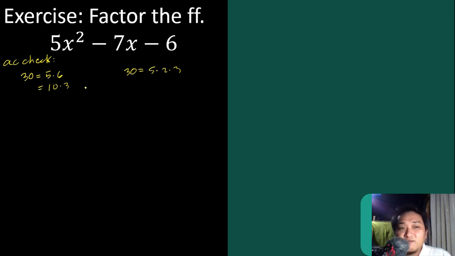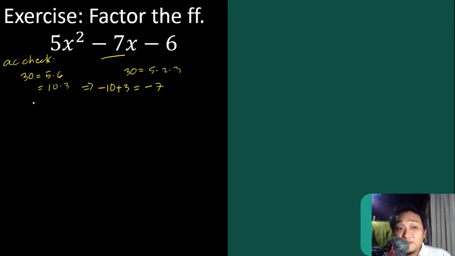For us to have 7, all we have to do is subtract 10 and 3, right? But this time we're going to find the proper sign of 10 and the proper sign of 3 to make it negative 7. So in that case, that would be negative 10 plus 3. So let us check. Negative 10 plus 3 is negative 7. So we're correct.